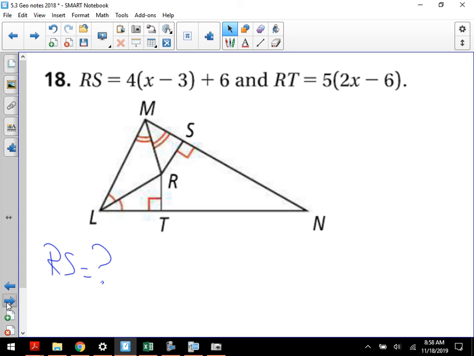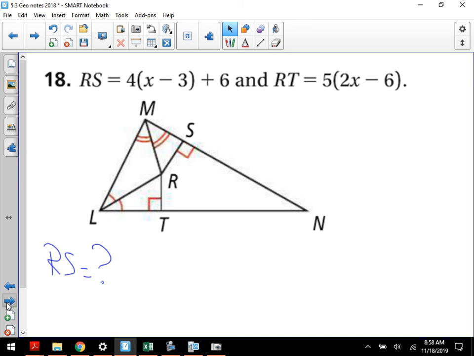So in this diagram, we've got angle M and angle L, with the angle bisectors, whereas if it was the perpendicular bisector, it would be showing the sides.